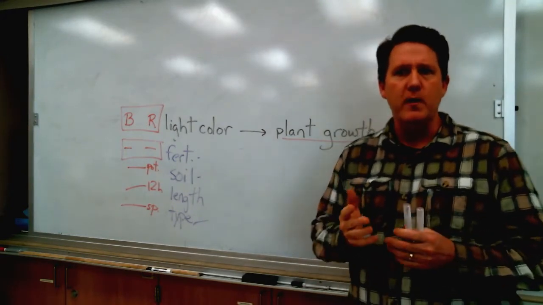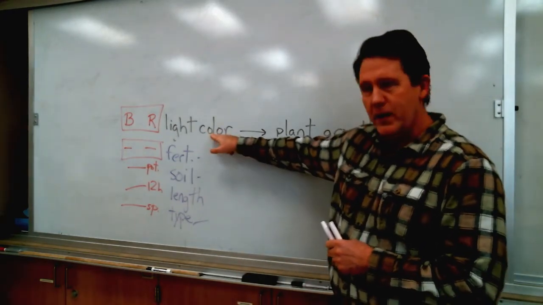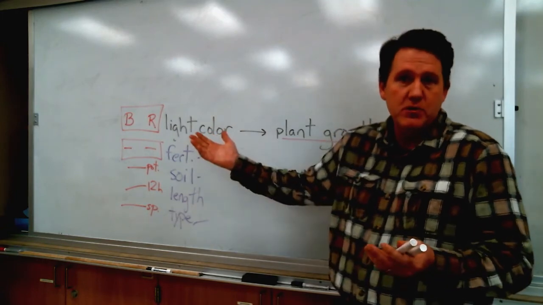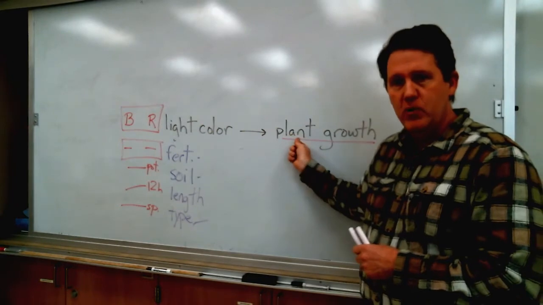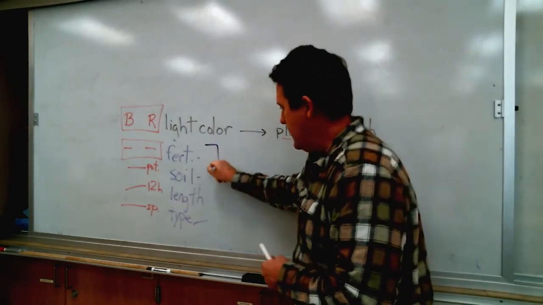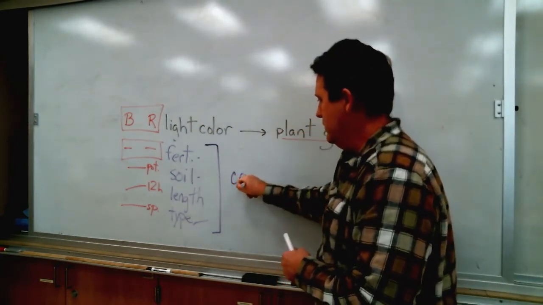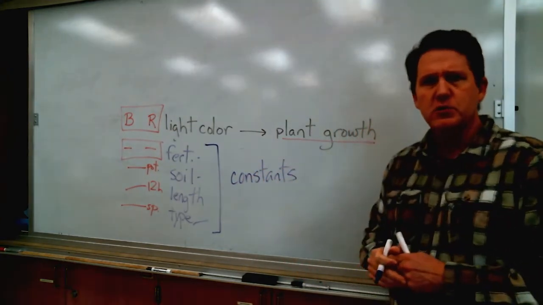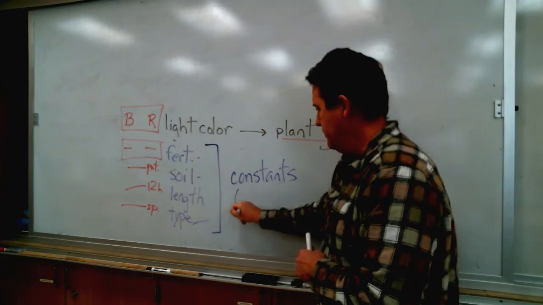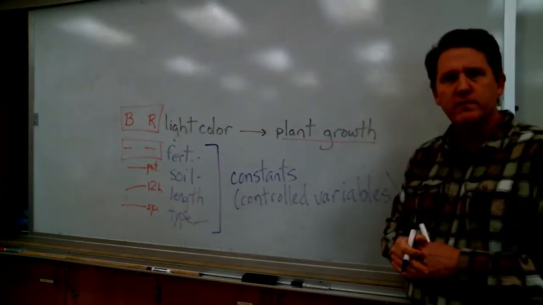I want a good controlled experiment where I know what is the effect of light color, because that's my core question. What effect does the color of light have on plant growth? And so all of these guys down here become constants, so to speak. Or we might call them controlled variables.